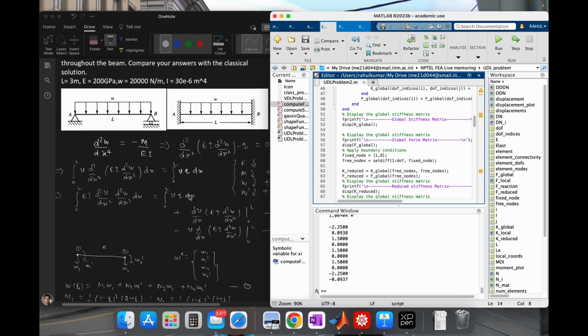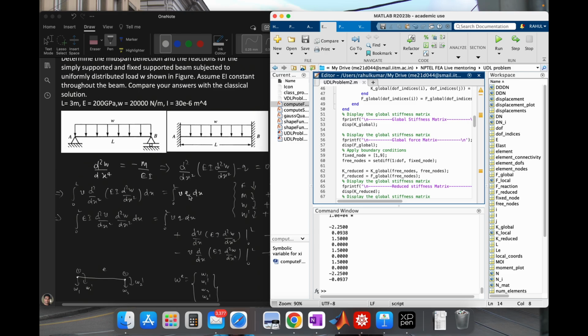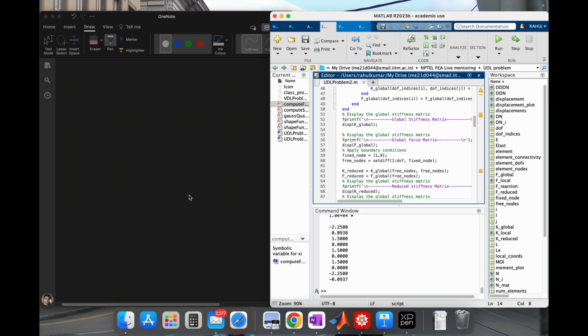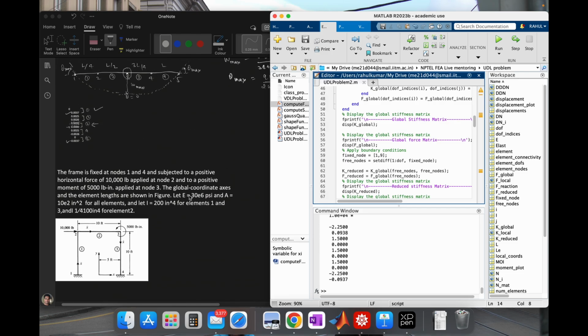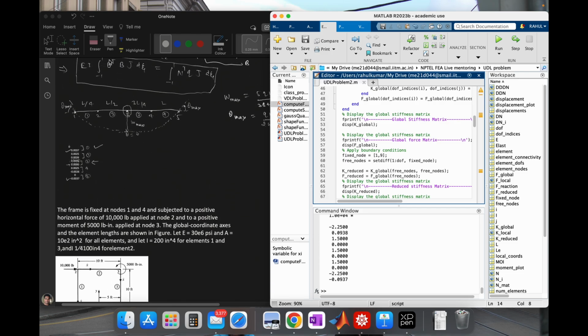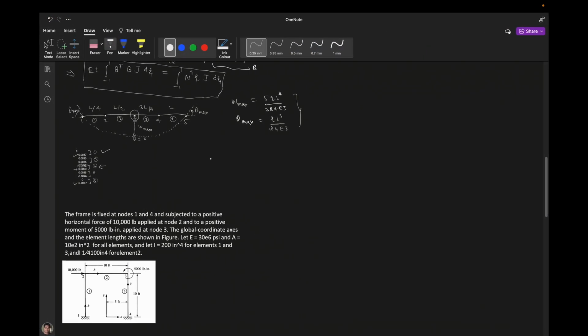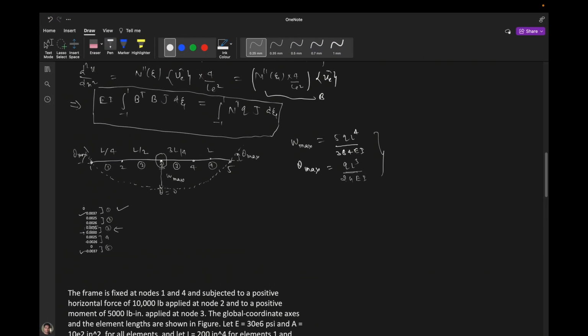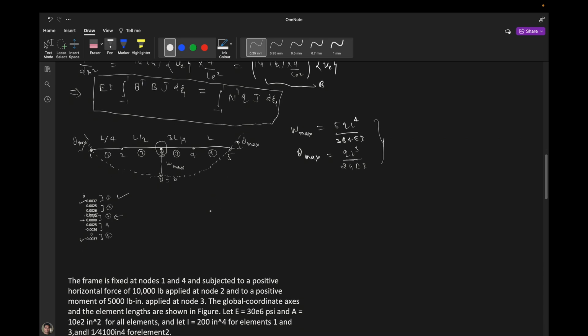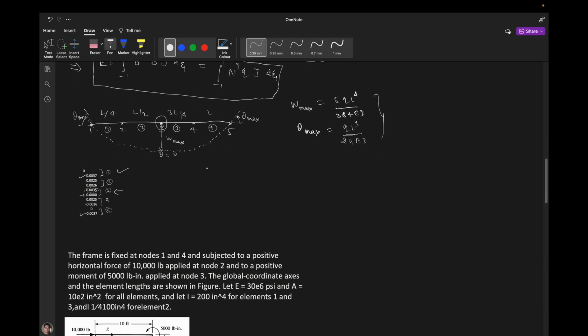In this problem, the only difference is the degrees of freedom for each node which we have fixed.